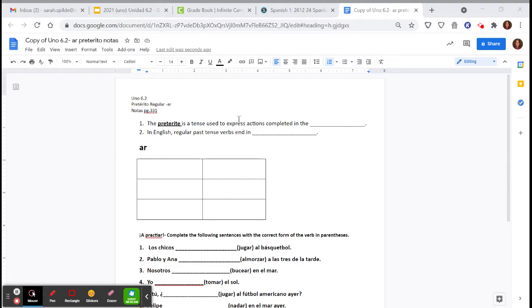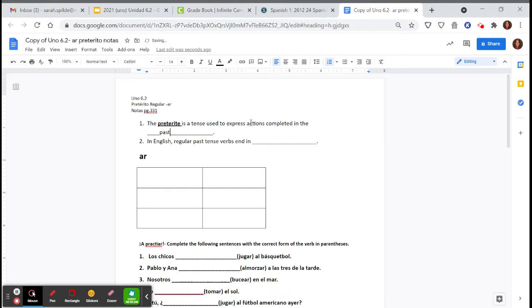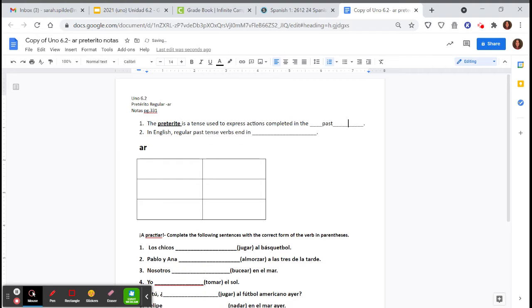The preterite is a tense used to express actions completed in the past. So now you are learning the past tense. How would we talk about what you did yesterday or last summer or any past event? In English, regular past tense verbs end in -ed.